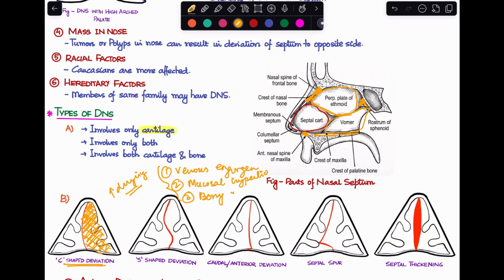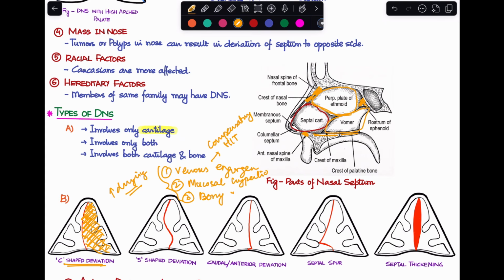And these 3 things together lead to the development of compensatory hypertrophied turbinate in the concave side of C-shaped deviations. And this is how it restores back the nasal resistance and improves the air conditioning inside the nose.